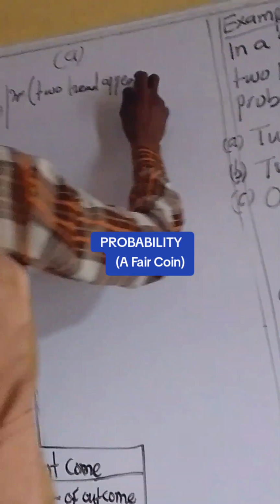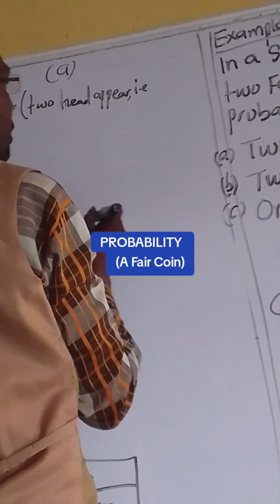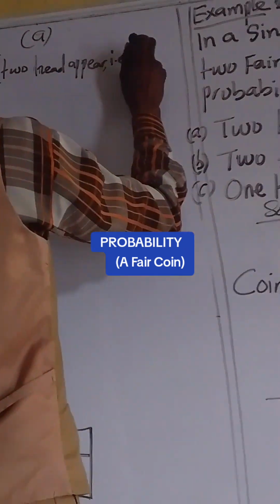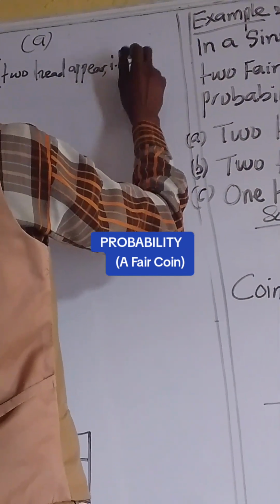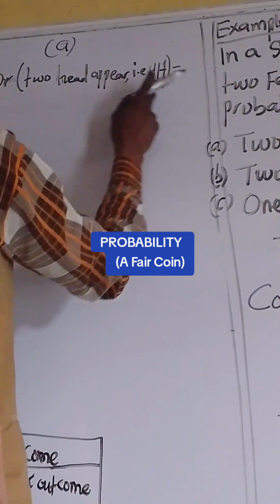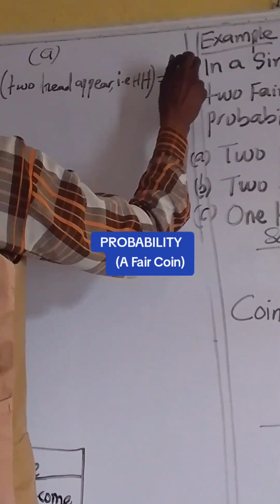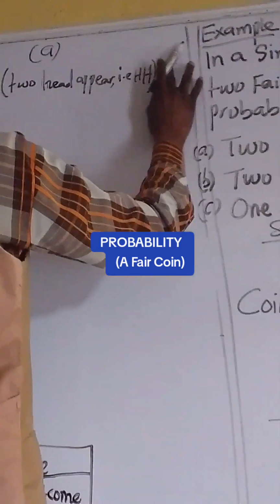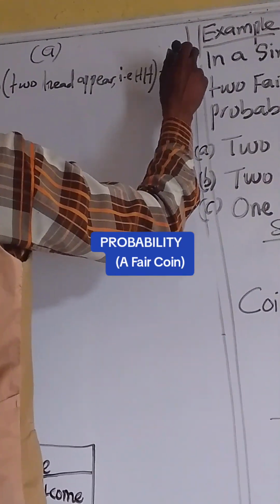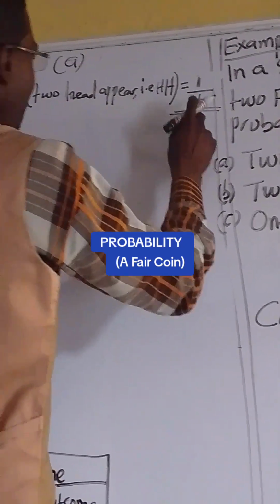That is HH, 2 heads that appear. The number of HH is 1, and the total is 4. So that is our answer.